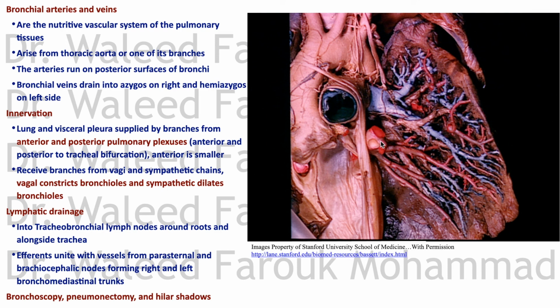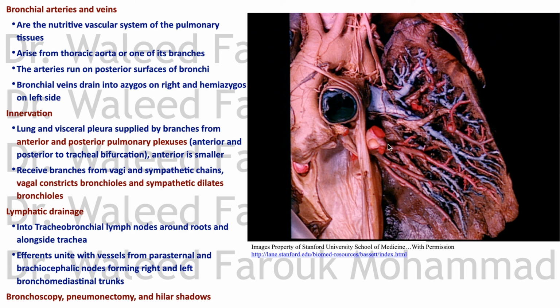The innervation: the lung and visceral pleura are supplied by branches from the anterior and posterior pulmonary plexuses. These are plexuses in front and behind the tracheal bifurcation, formed by branches from both vagi and the postganglionic sympathetics.